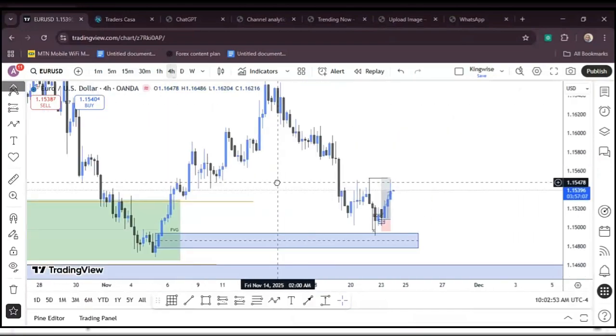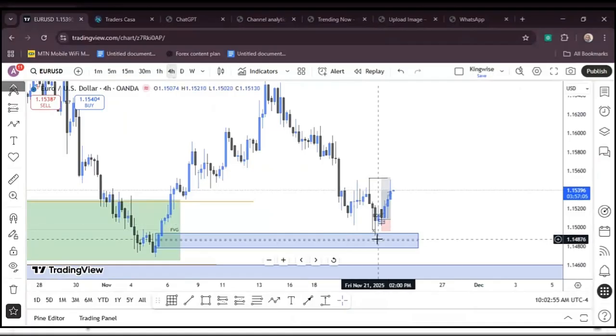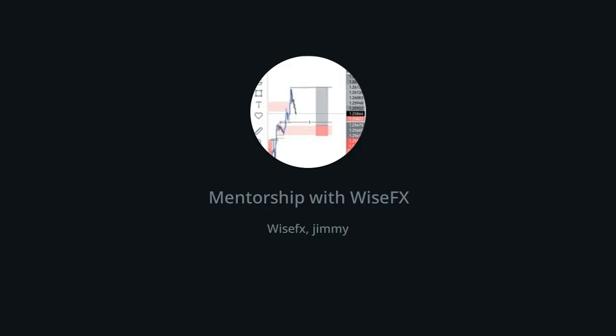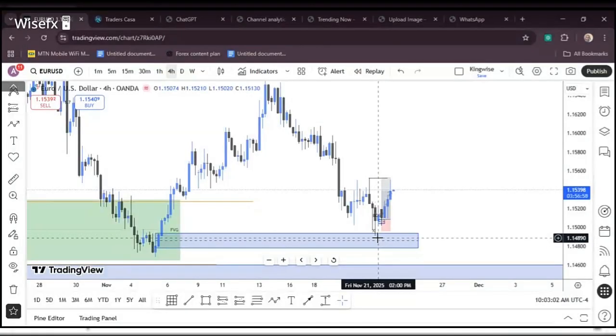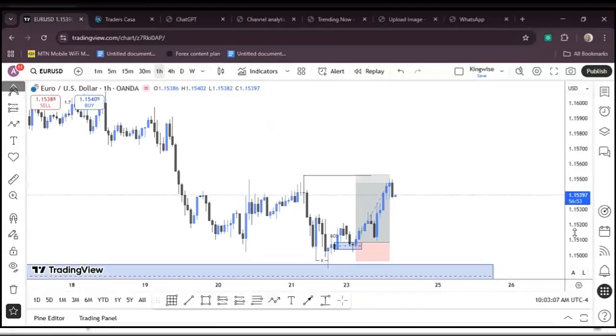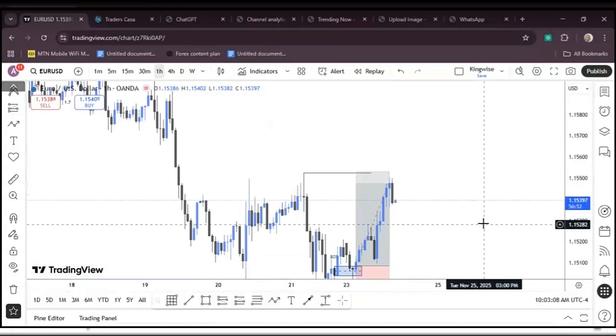Now, what happened? We saw that price came in and tapped into it at this point. This is on Friday's market. Price tapped into it and rejected. Now, I went down to my 1-hour time frame to read what I could see from that area.